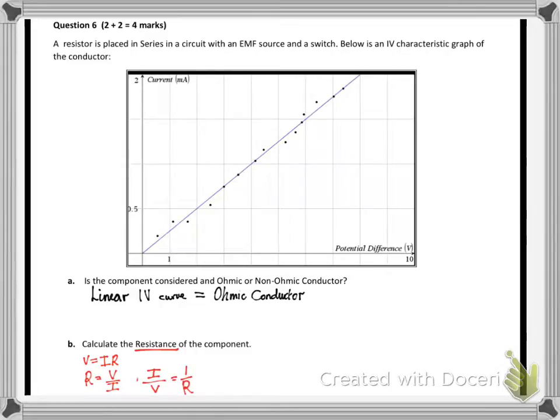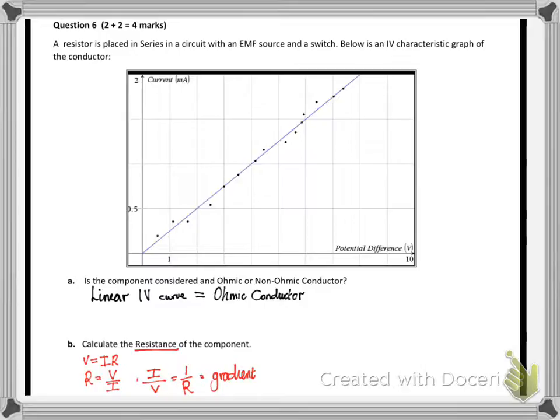So just by flipping them around, current on the top, potential difference on the bottom, that's equivalent to 1 divided by the resistance. And what is that going to be on the graph? That's your gradient of the graph. The rise being the current divided by the run being the potential difference.